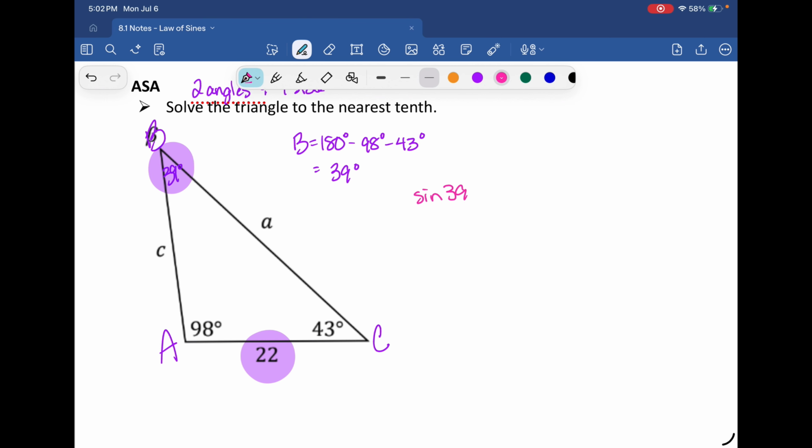Sine 39 degrees over 22 equals sine 98 over A. Cross multiply. Divide by sine 39.